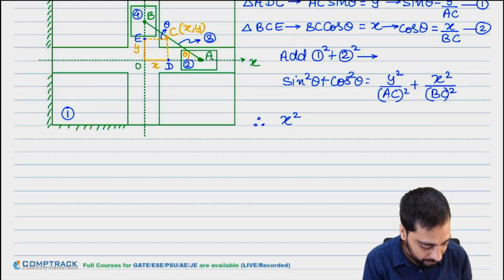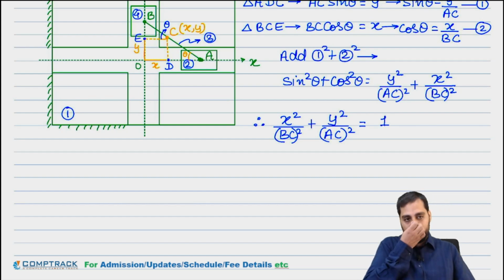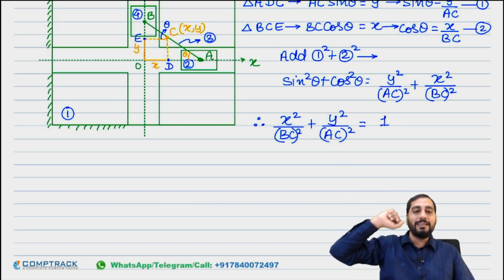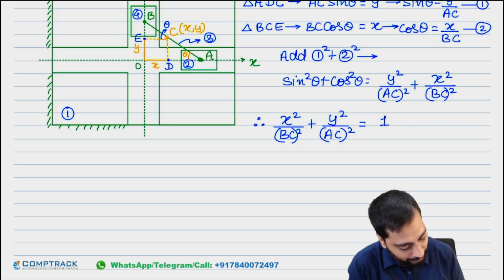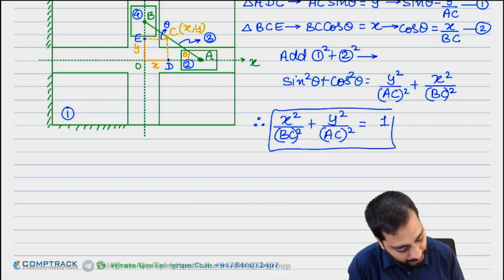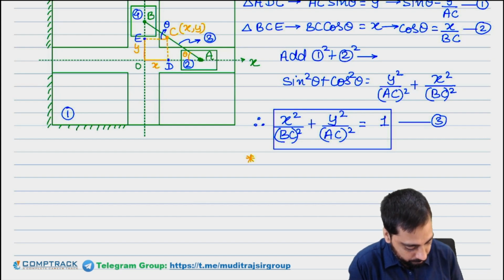So what will be this equation now? x square over BC square plus y square over AC square equals 1. What is this equation? This equation will become the equation of an ellipse. Yes or no? So this will be your equation of an ellipse, a standard equation of an ellipse.